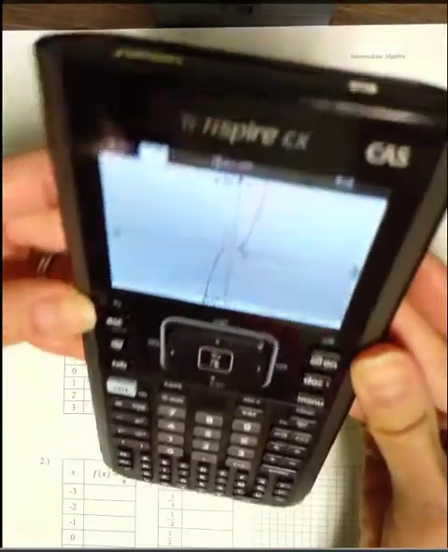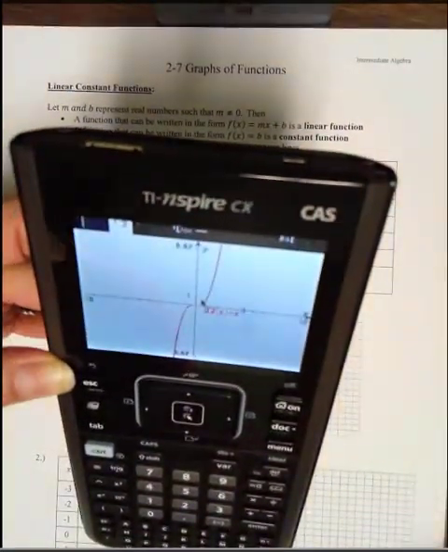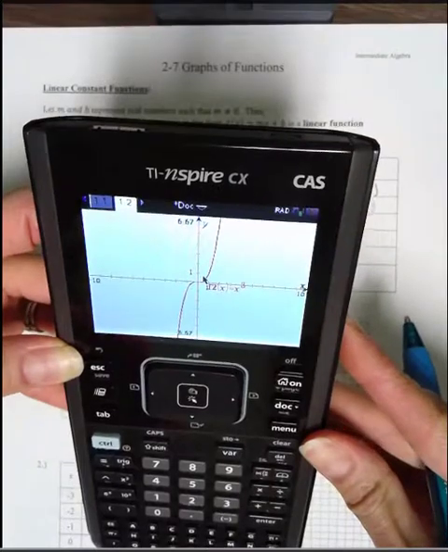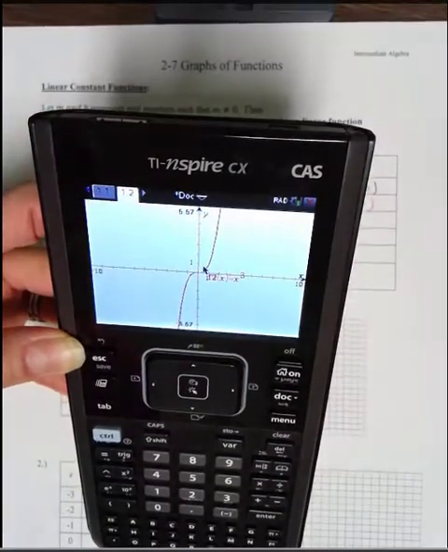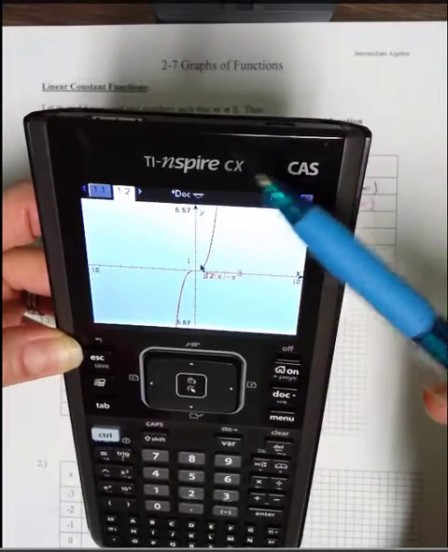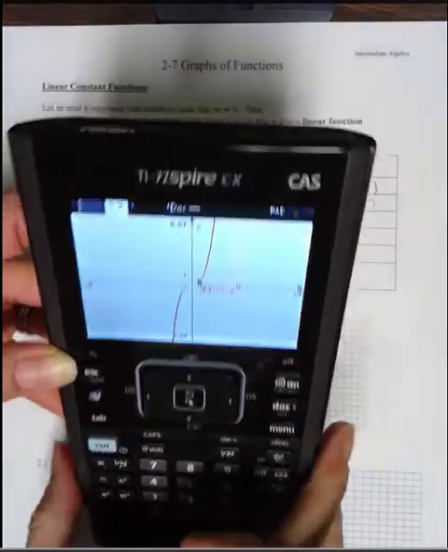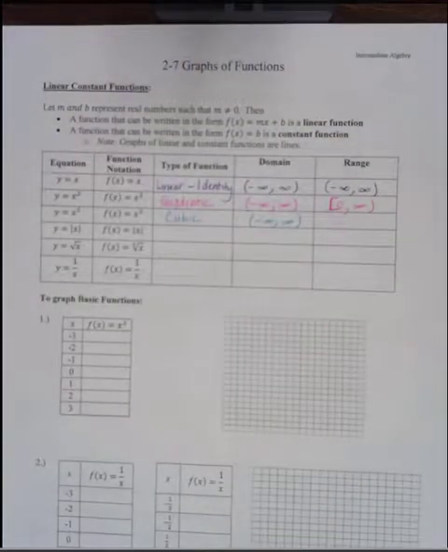Okay. And so we have y equals x cubed. You can see not only is its domain unlimited, meaning all possibilities, but its range, or the possible y values, is also unlimited, or all real values.